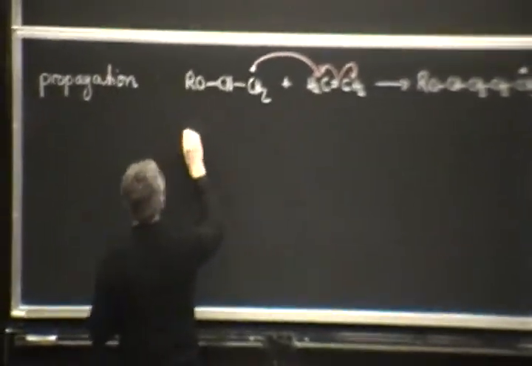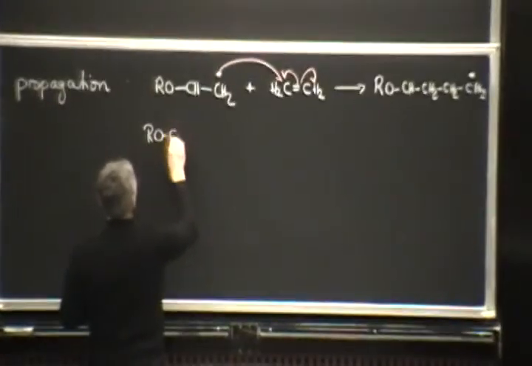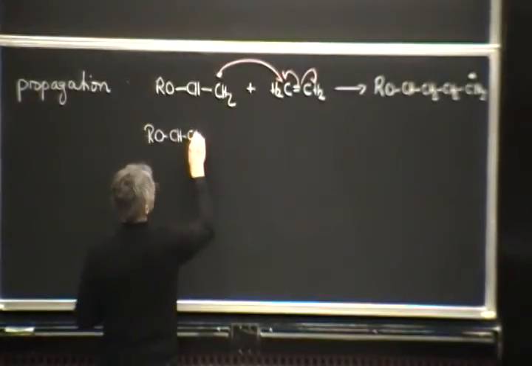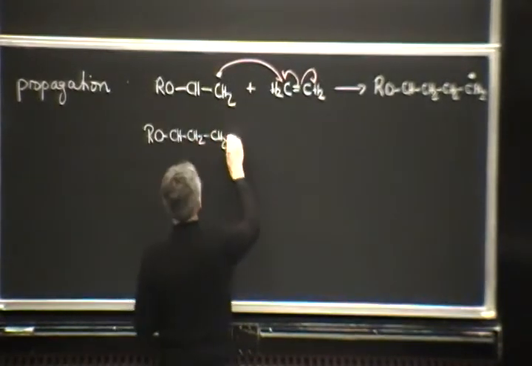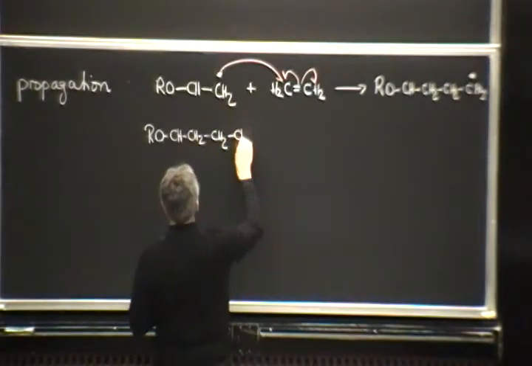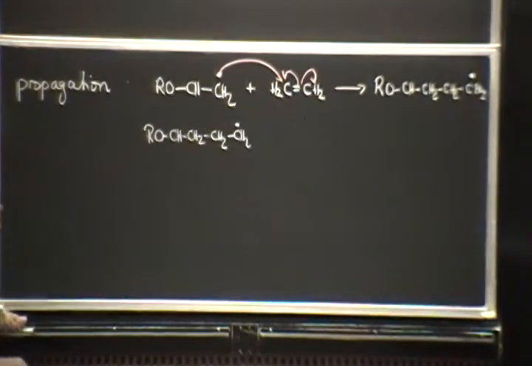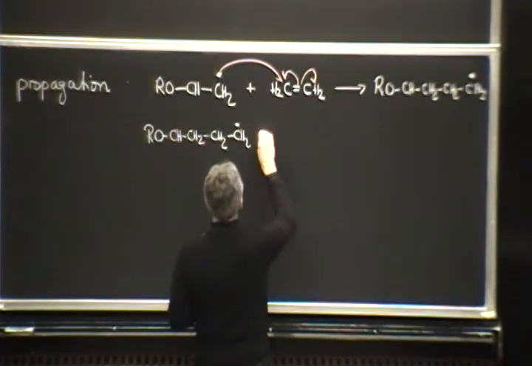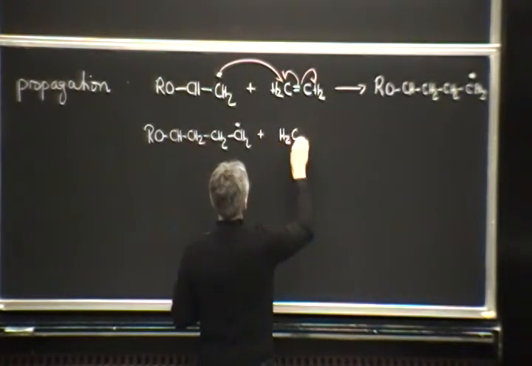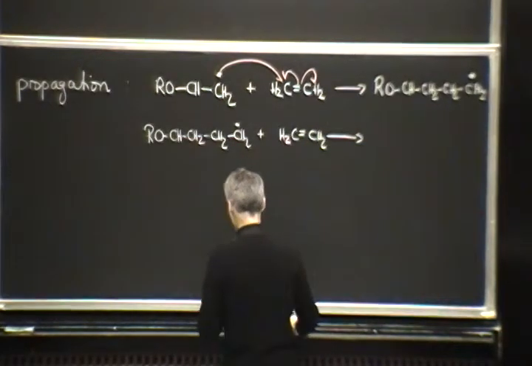So then this radical that has now already added 2 ethylene monomers adds again to more ethylene, generating an even larger system.